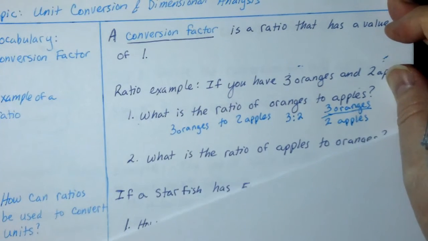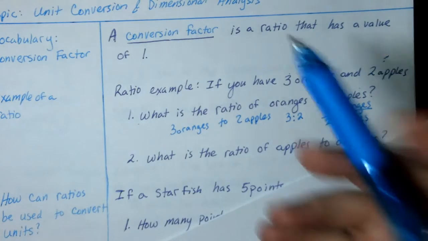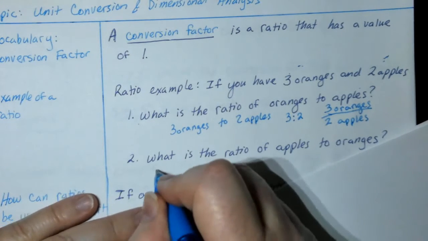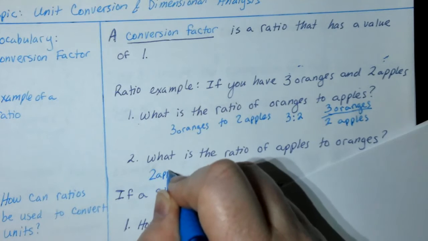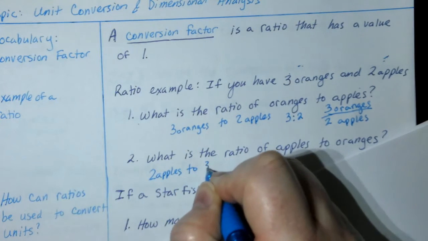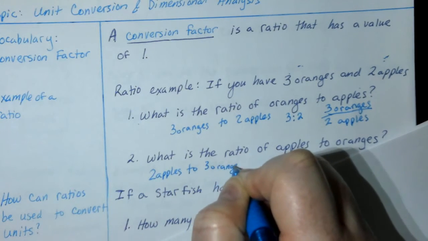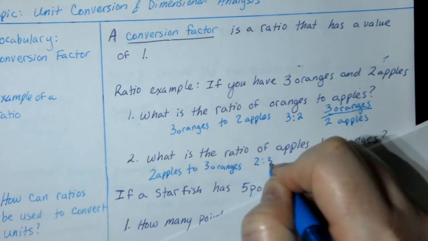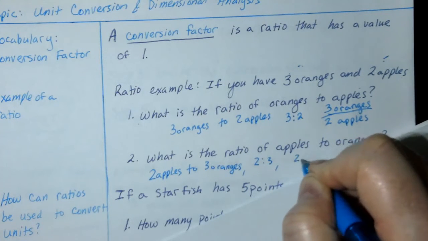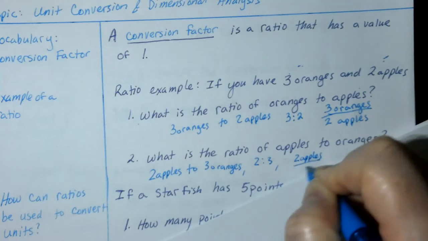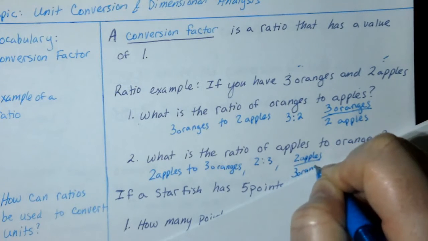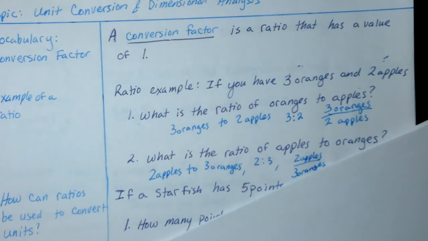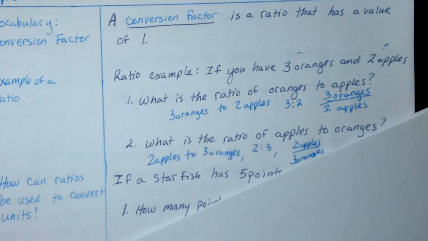I'm going to keep that little thing hidden right there. We're going to make a little surprise. So I have 2 apples to 3 oranges, or I have 2 to 3, or I have 2 apples, 3 oranges. And I'm running out of room. So that's how you do ratios.